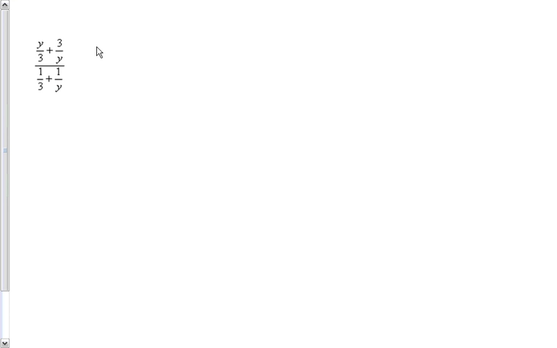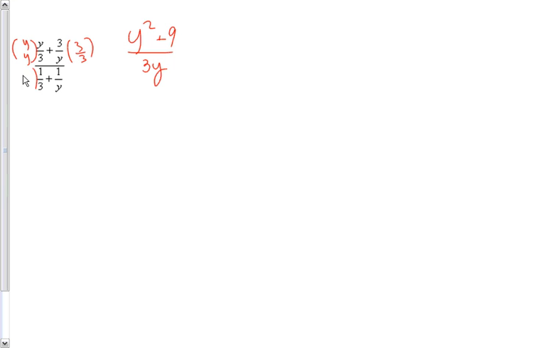Okay, I have y over 3 plus 3 over y, over 1/3 plus 1 over y. LCD at the top, 3y. So if we do that one, this one needs a 3 on it, this one needs a y on it. Well, y times y is y squared, 3 times 3 is plus 9. Okay, combining them at once. See, I'm trying to do it a little faster. 3y at the bottom.